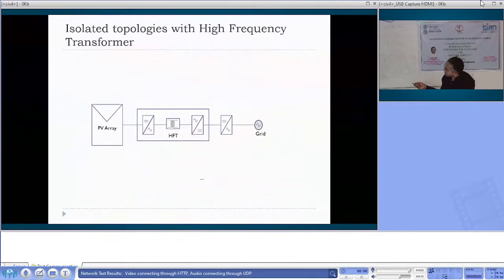Because you have already provided the isolation, there is no requirement of another isolation with a low frequency transformer. You can even obtain a higher voltage by properly choosing the turn ratio of the high frequency transformer. That is another advantage. And another advantage is that you make the system compact, because a high frequency transformer is very compact compared to a low frequency transformer.